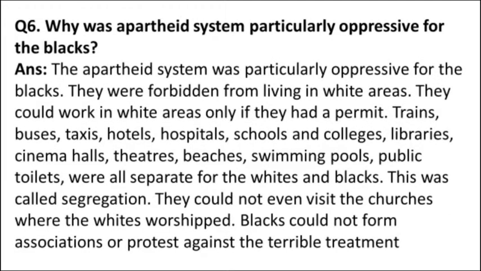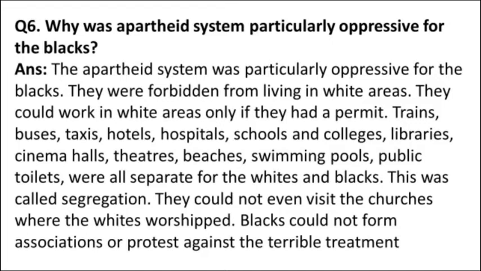Question number 6. Why was apartheid system particularly oppressive for the blacks? Answer. The apartheid system was particularly oppressive for the blacks. They were forbidden from living in white areas. They could work in white areas only if they had a permit.